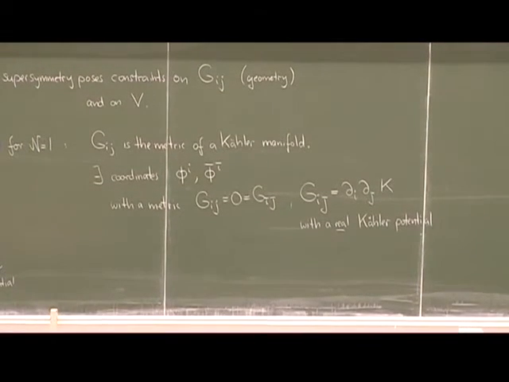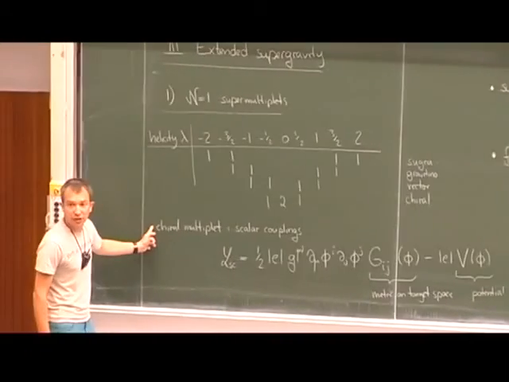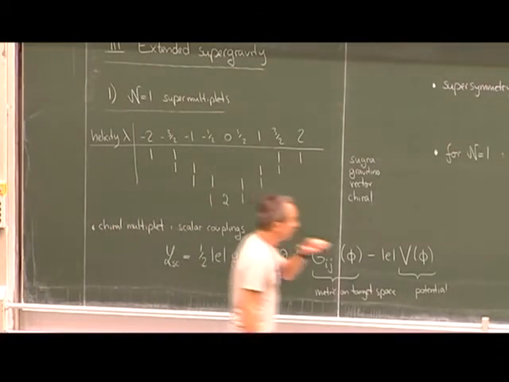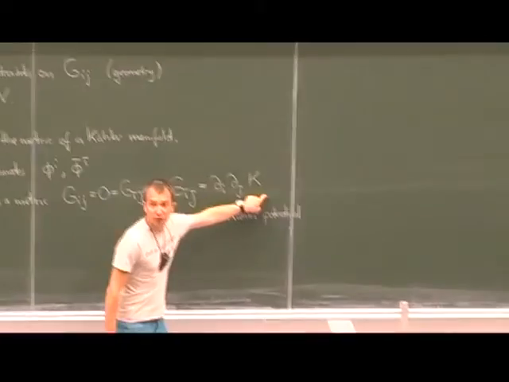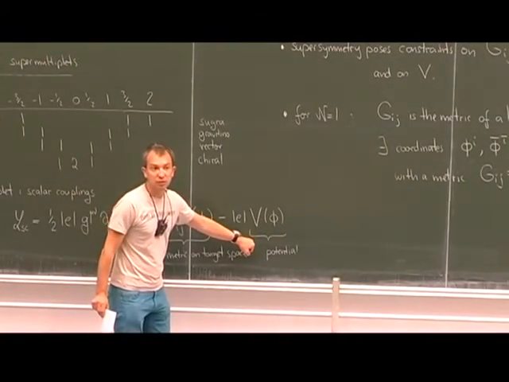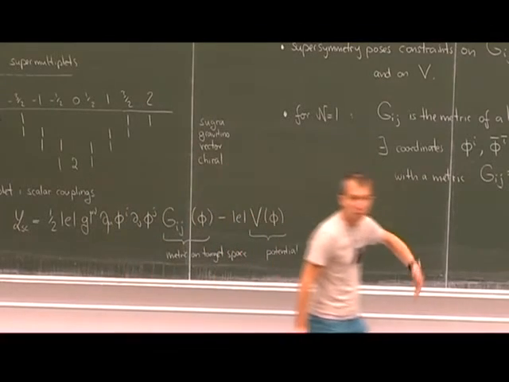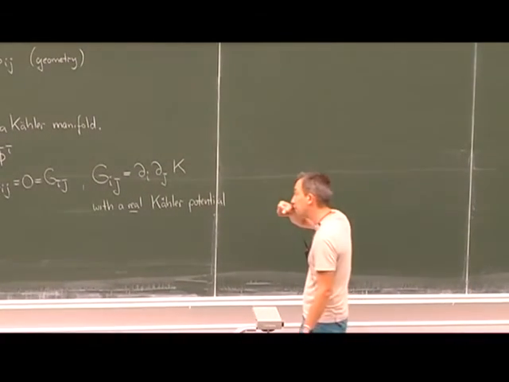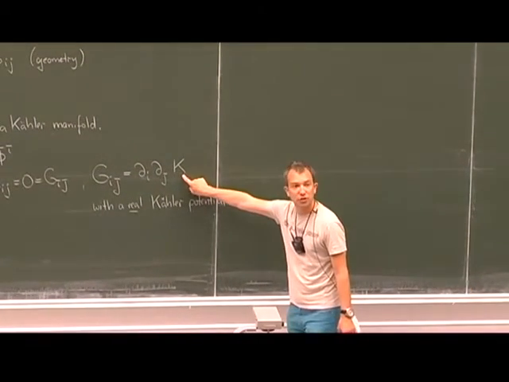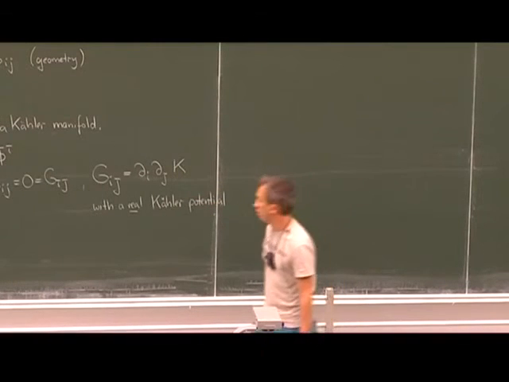So the data for describing scalar couplings in N equals 1 supergravity is just this real function, the Kähler potential, and then possibly a scalar potential V. Okay. And all the remaining couplings, the fermionic couplings, which I repeat become very complicated, very lengthy, so I'm not going to spell them out, but everything is encoded as functions of this object.